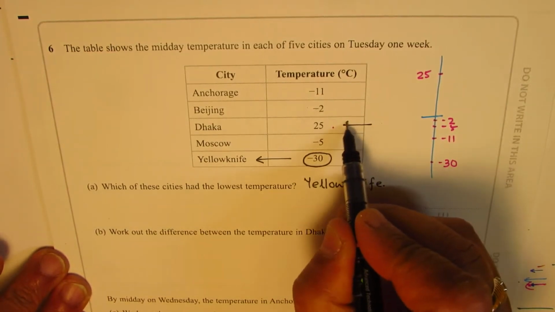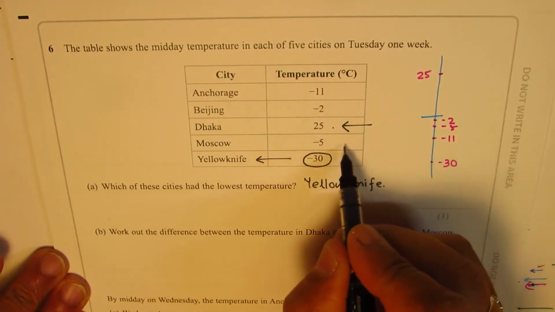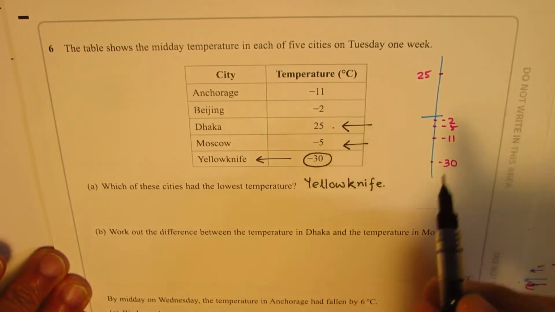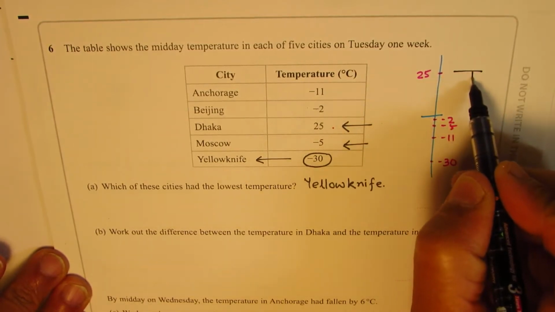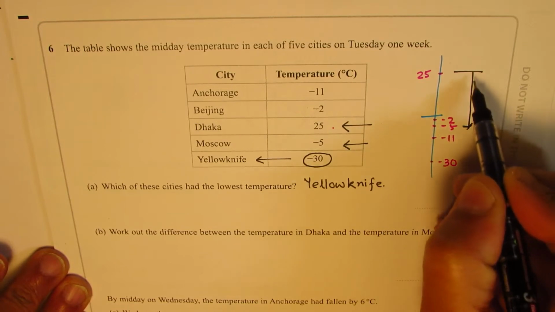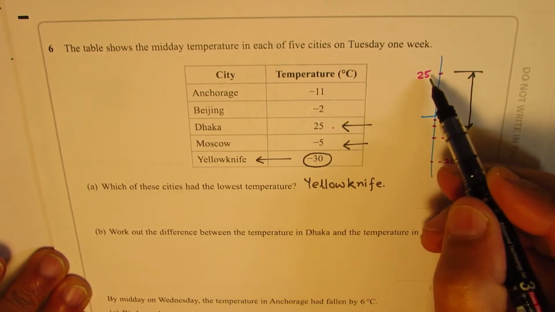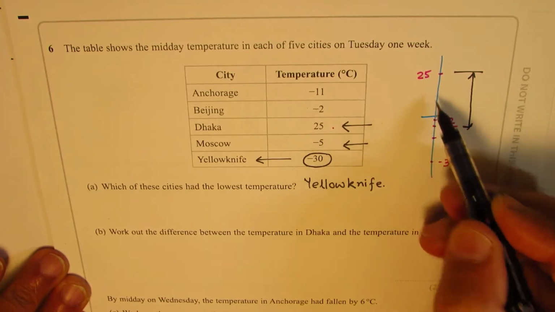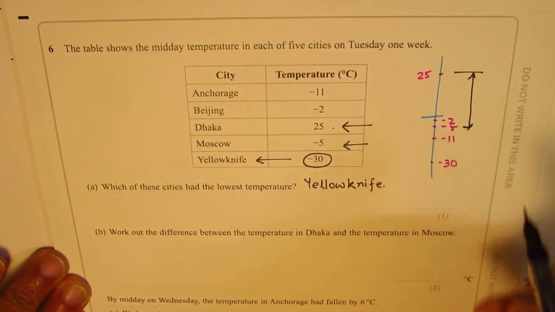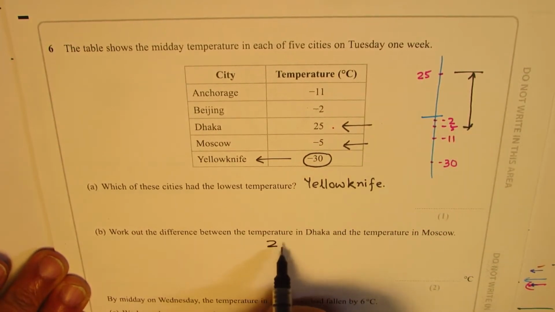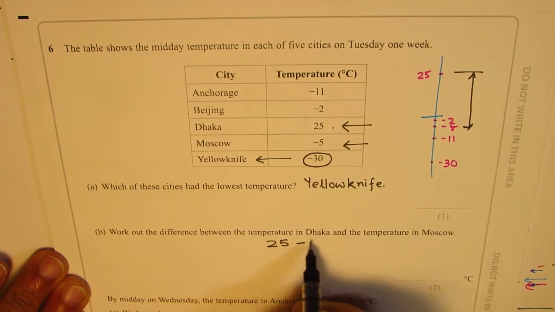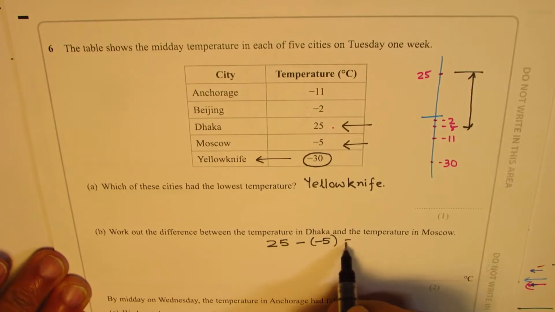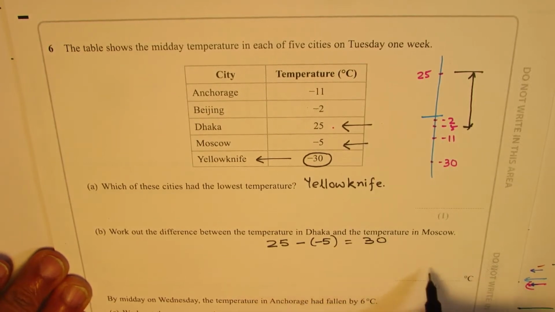So we want to relate these two, temperature in Dhaka and in Moscow. So the difference between this 5 and 25 and minus 5, right? So it is, you can see, more than 25, right? So 25 minus 25. So this temperature will be 25 in Dhaka, take away negative 5, right? So the difference becomes 30 degrees.